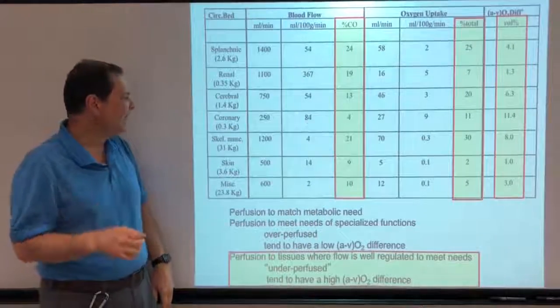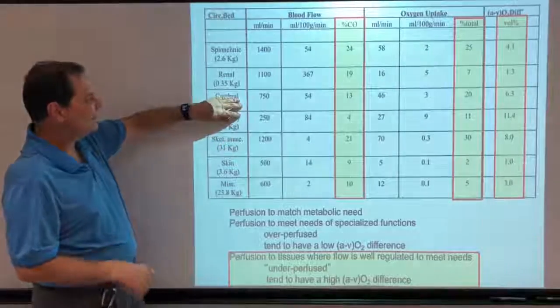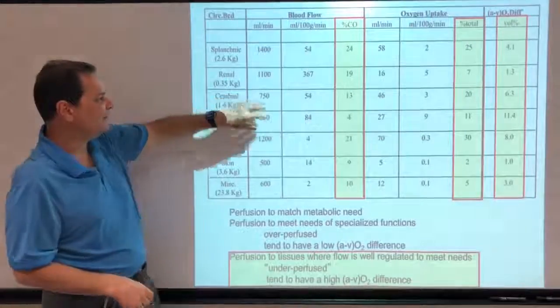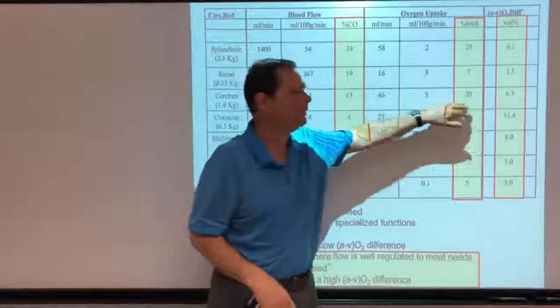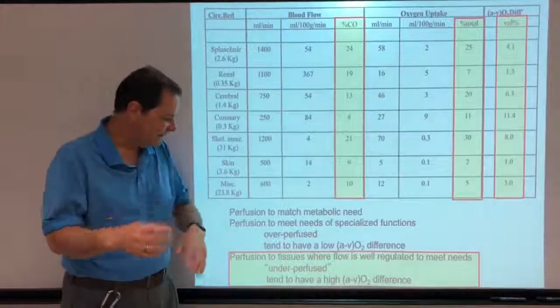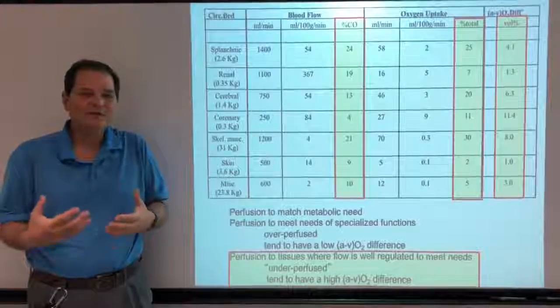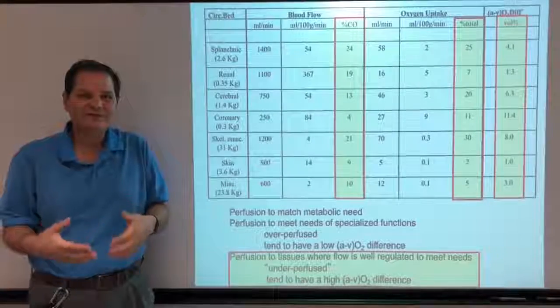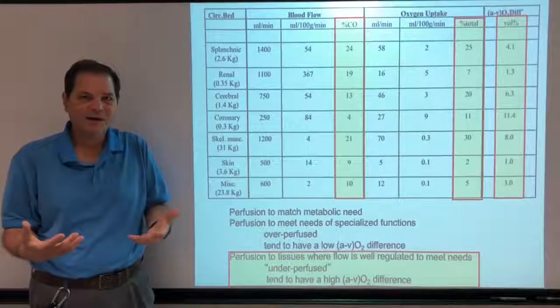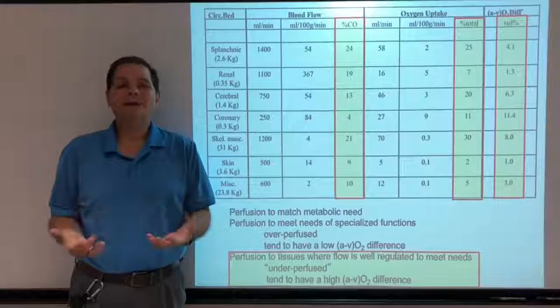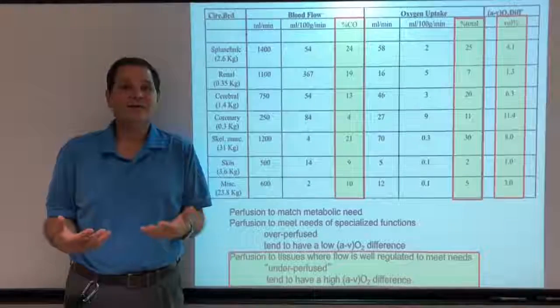And the reason why organs like this at rest don't get the cardiac output that you would predict they would need based upon their metabolism is because the flow to those beds tends to be very well regulated. Okay, and so these beds, your heart and your brain, when they demand oxygen, when they demand blood, they get it.